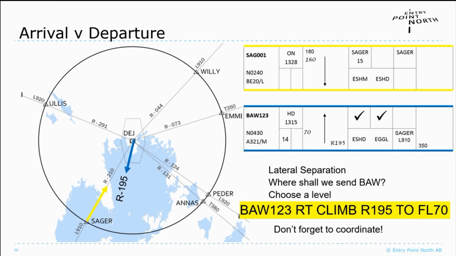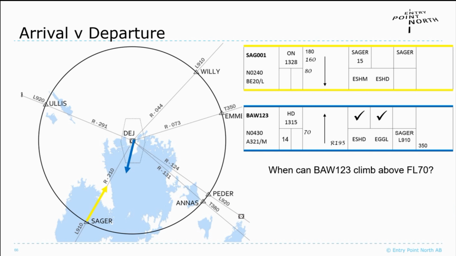If there's any possibility that Speedbird is not established on the 210 radial to Saga by 40 miles or before entering into Sector 1, then you need to coordinate. And if in doubt, just coordinate with the controller that the aircraft could be between radial 195 and radial 210.